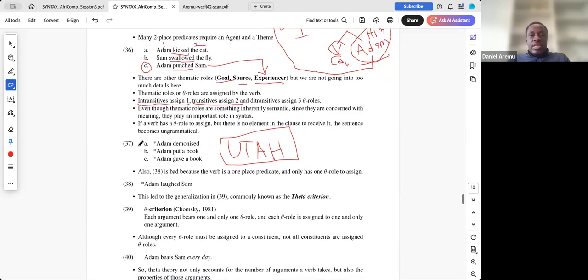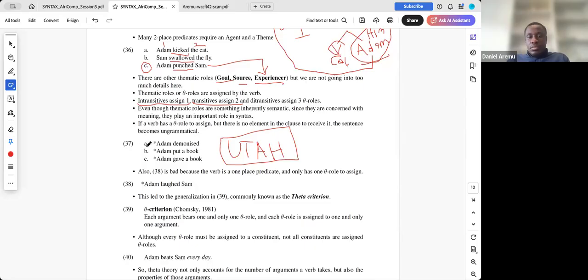What 37 shows is that theta role is not just semantic. Primarily it has to do with the meaning of the arguments, let me just say argument now, so that I won't constrain arguments to just noun phrases. But syntax also plays a role.